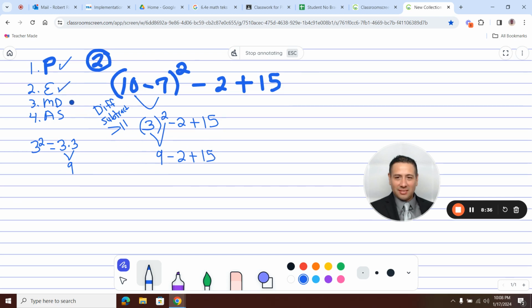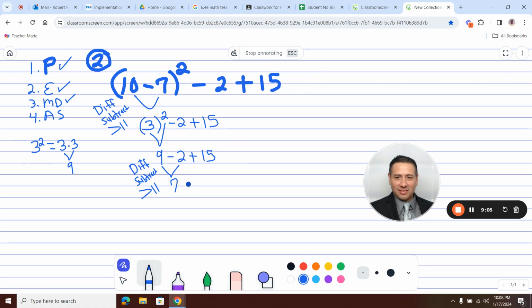Multiply, divide, there's nothing. Add and subtract. We have subtract and add. When we have both, we'll go left to right. So 9 minus 2 will get 7. Anytime that you're dealing with minuses, you need a rule. In this case, it would be diff, which we subtracted already. And we're going to keep the highest absolute value, which is 9, so it stays positive.